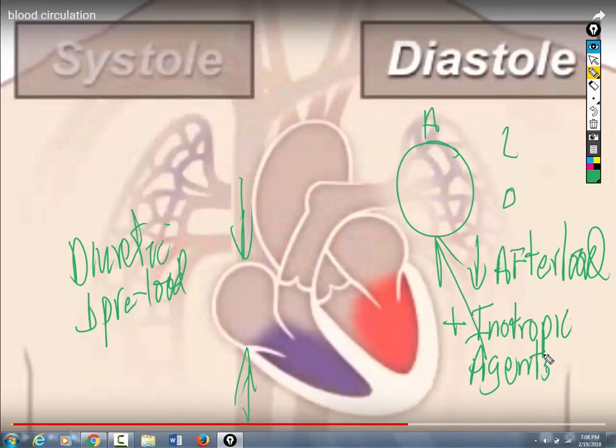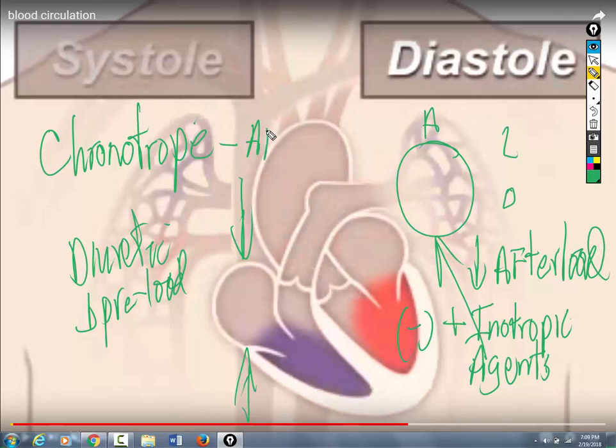Inotropes increase the force of contraction of the heart. A negative inotrope decreases the force of contraction of the heart. Then you got other drugs like chronotropes. They affect heart rate.